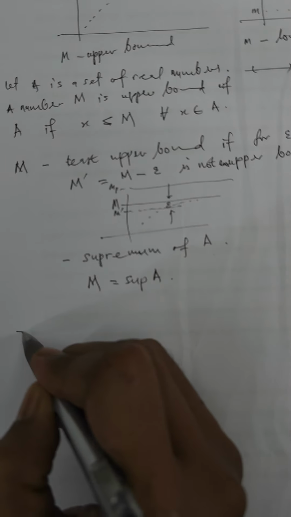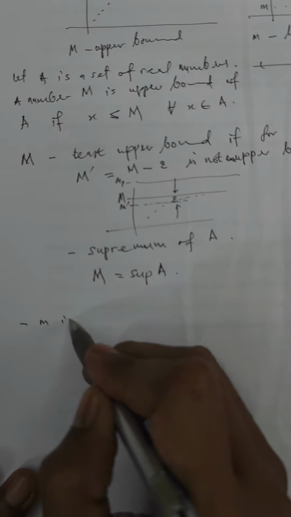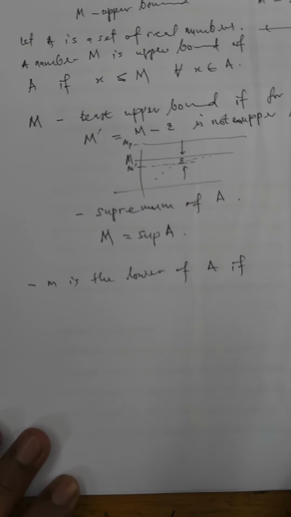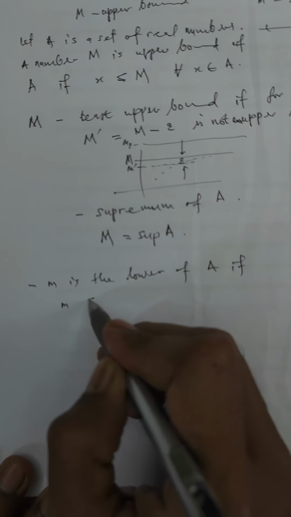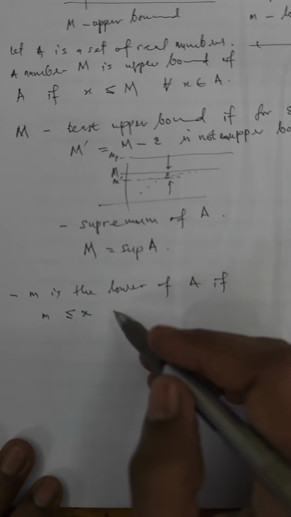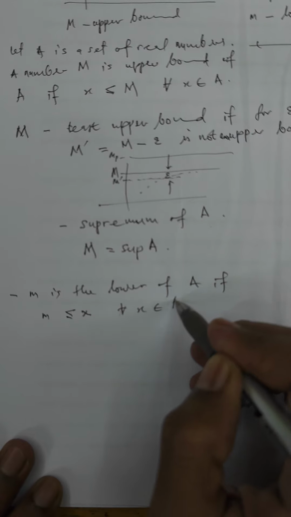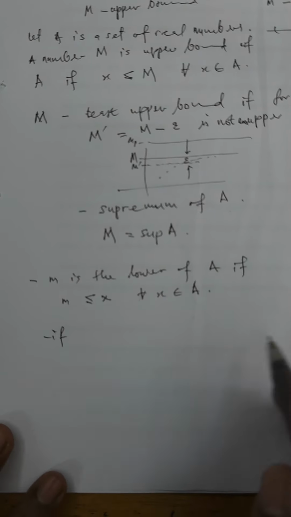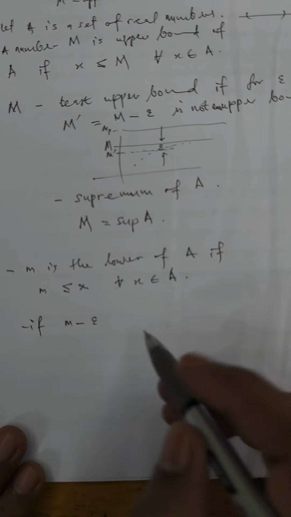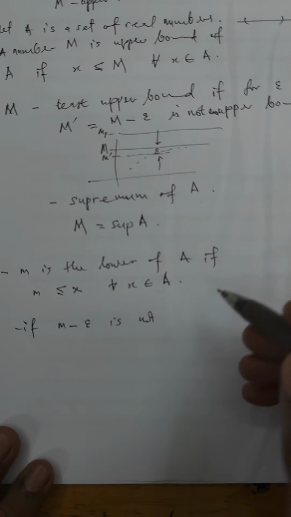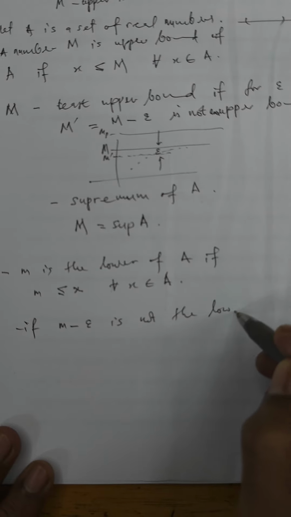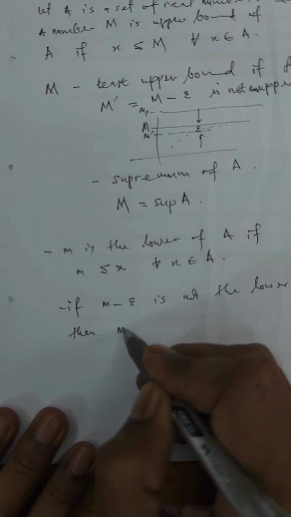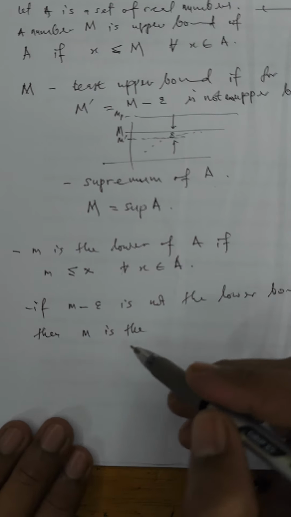So for the lower bound, we say m, small m, is the lower bound of a set A if we have m not greater than x for all x in A. And if m minus epsilon is not the lower bound, then we say M is the infimum of A, or the greatest lower bound.